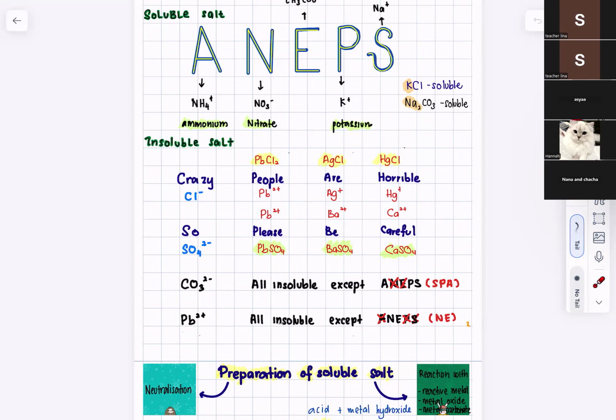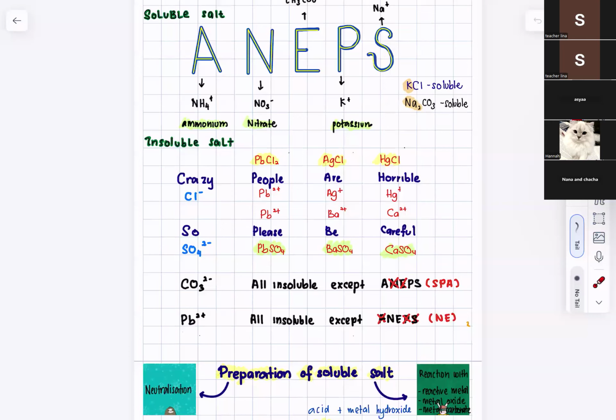Zinc carbonate, soluble or insoluble? Insoluble. Magnesium sulfate, soluble or insoluble? Insoluble. I think so.